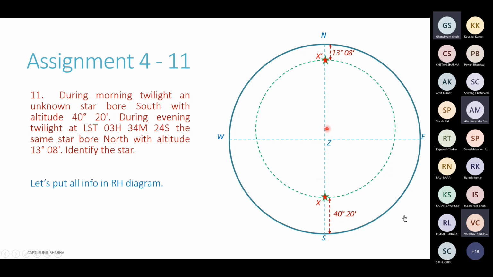So the circle is offset to the north. The center will be north of the zenith. And the center of the circle has to be the pole. All the declination circles are centered at the pole. Now the star will be moving in this direction marked by these green arrows.